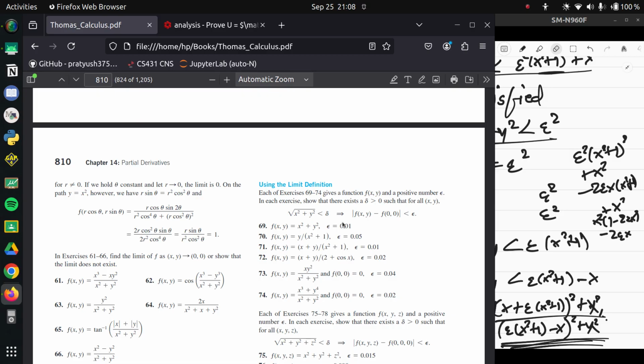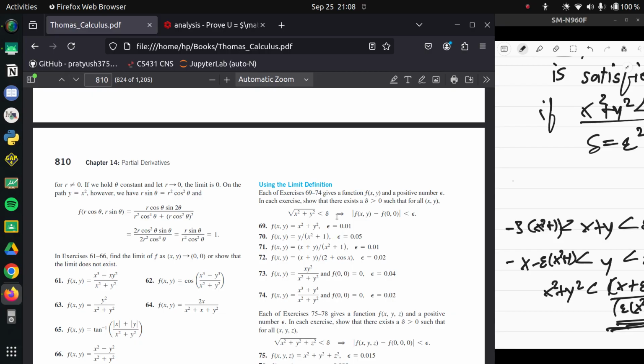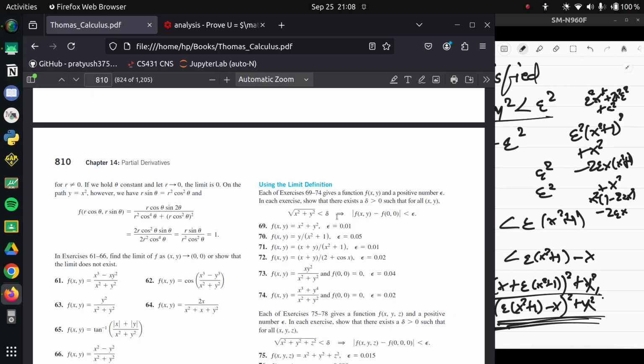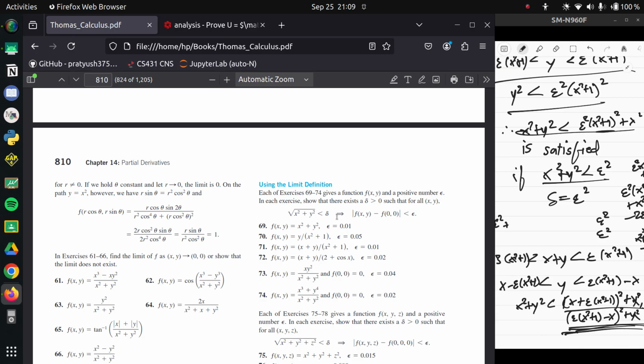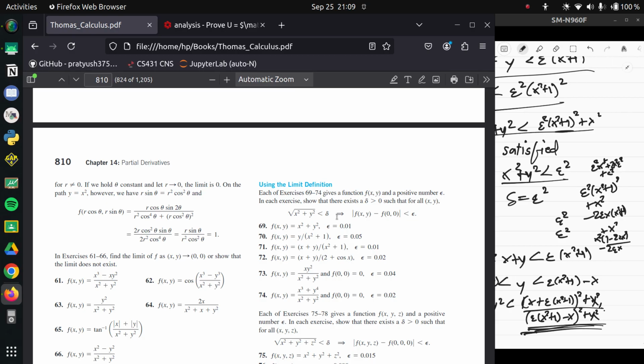Oh, I see. So you can substitute this as epsilon square x square, actually x power 4 in fact, plus 2x square epsilon square plus epsilon square. But then this is slightly bigger than this quantity, epsilon squared. So 1 minus 2 epsilon x, that thing is just some positive quantity for sure. So this is just plus x squared, that thing is just gone.